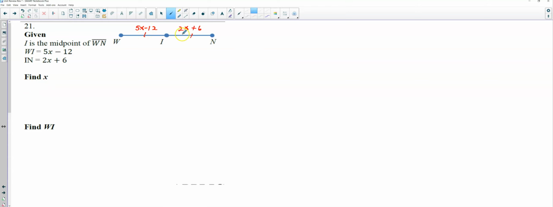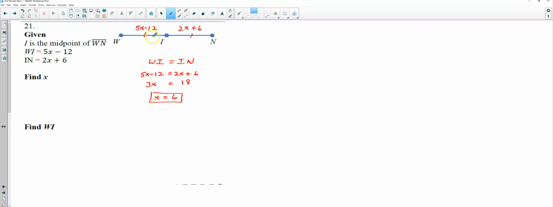If these two are congruent, WI must equal IN. That means 5x minus 12 must equal 2x plus 6. Subtract 2x, so 5 minus 2 is 3x. Add 12, 12 plus 6 is 18. Then divide by 3, so x equals 6. That's the first answer.